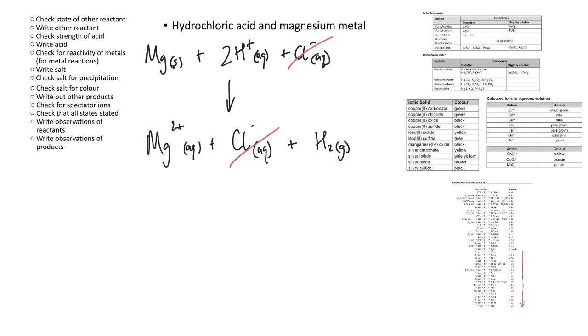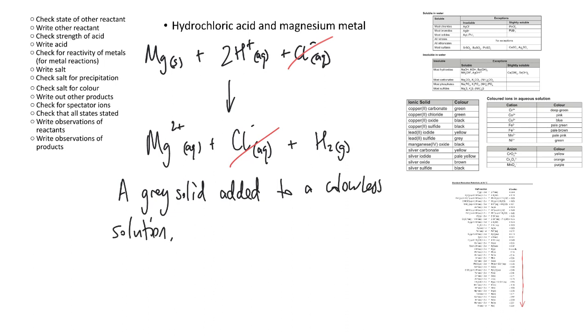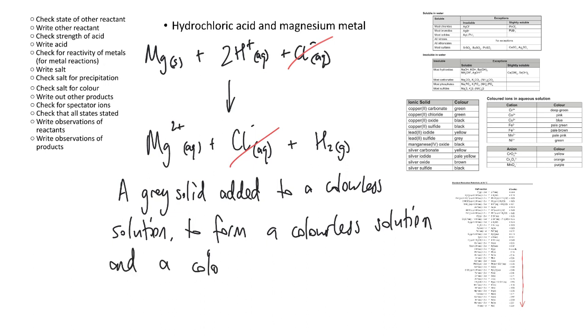Check all states stated. Yep, we did that. And observations. Now remember all metals are gray colored, a gray solid, and you can say it's shiny if you want. Added to a colorless solution to form a colorless solution, because the magnesium and the chloride are both colorless, and a colorless odorless gas.